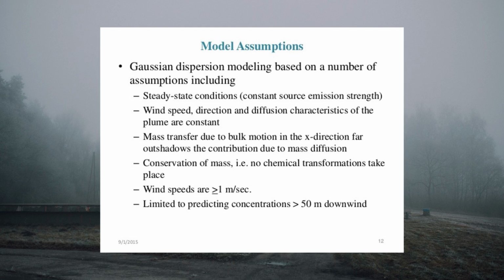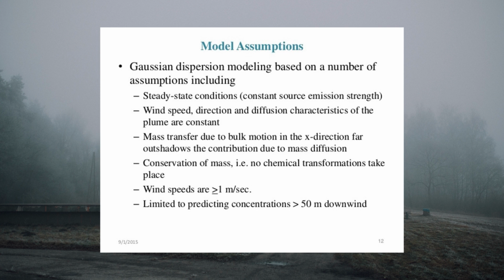And also the conservation of mass, that is, no chemical transformation takes place. That means the pollutants within the plume do not react with each other, and the plume remains inert; the model considers that it remains as such from the source to the receptor location.